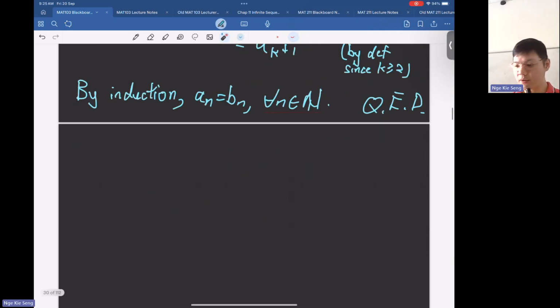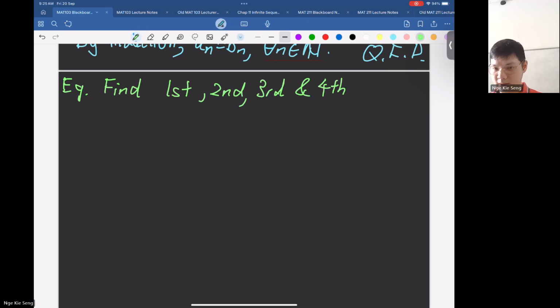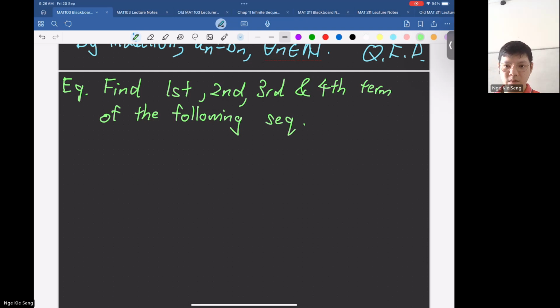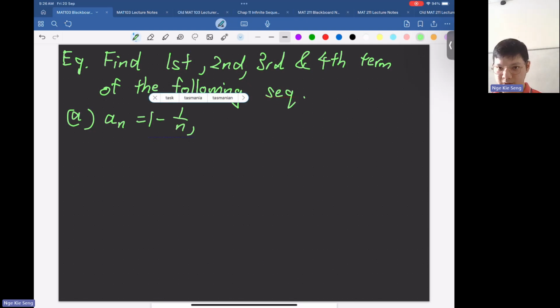All right, so now I want you to try and work out this. Try and find the first, second, third, and fourth terms of the following sequence. Let me give you 3 exercises and let you spend some time doing them.